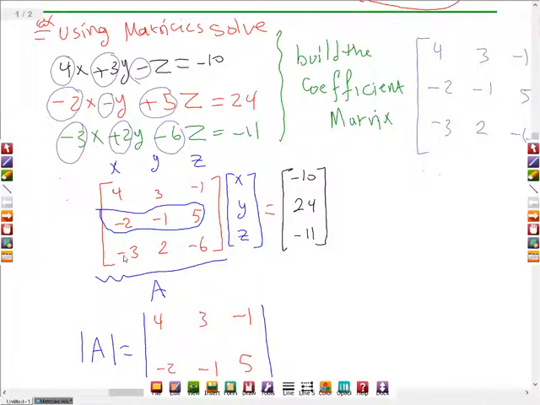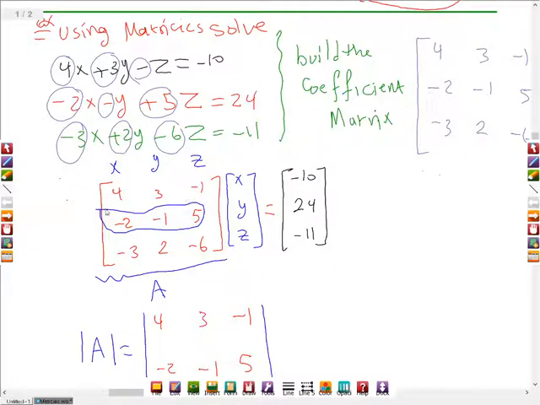If you take the third row, -3x plus 2y minus 6z equal -11. Then this is how we convert the system of 3 equations to the system of matrices.